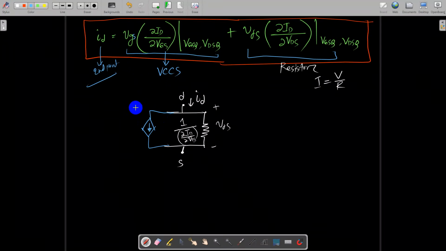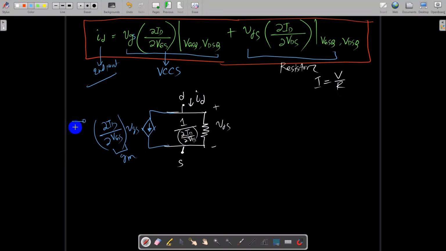So this voltage controlled source is controlled by a voltage called VGS, but it has a coefficient, and this is dou ID over dou VGS. Now we already know this is nothing but your GM.